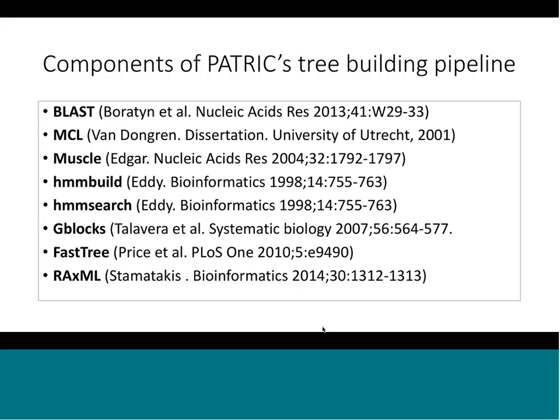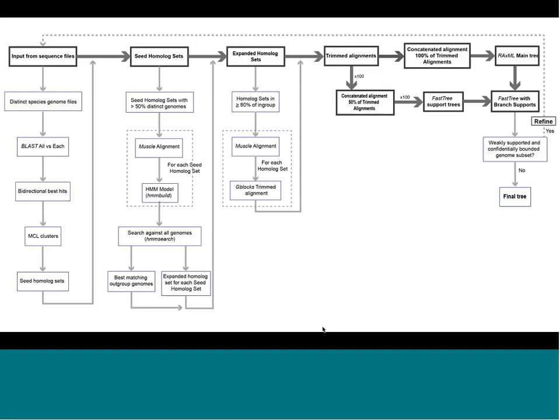If you're building these trees and you're publishing, you need to cite your work, and this is how we hope that you will cite it. You'll say something like, I built the phylogenetic tree in PATRIC, and please cite our primary citation because we live or die based on how many citations we get. And then after that, it can say, this pipeline involves these specific components. So it's all there for you. We want to make it as easy as possible for you to publish using the PATRIC resource.